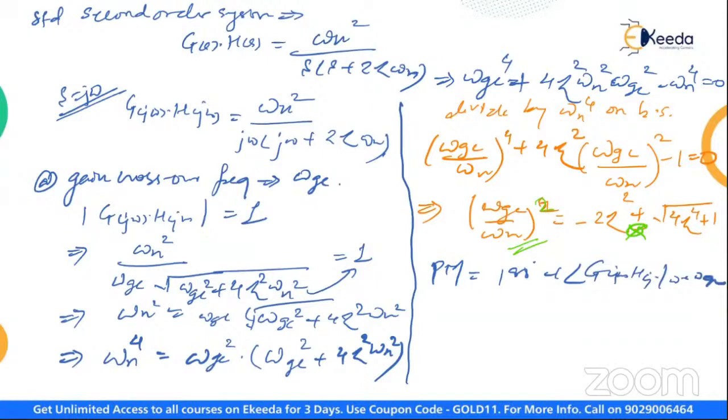We found omega GC first because at the end we were supposed to find the phase margin. That is the reason we did that. Anyways, moving forward to the next one.